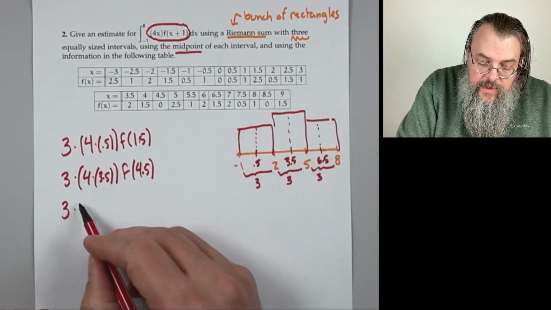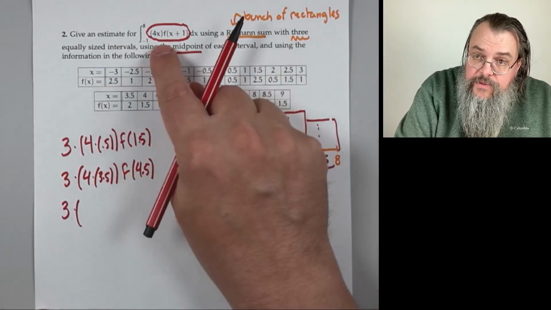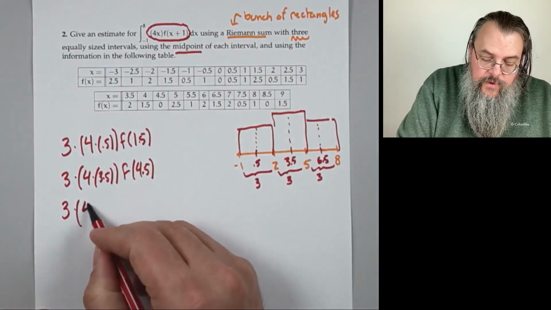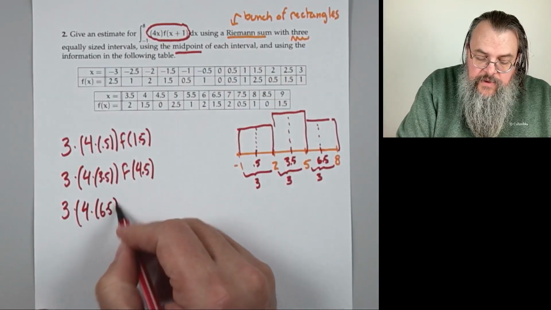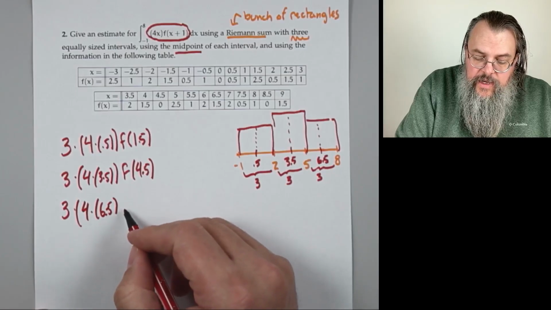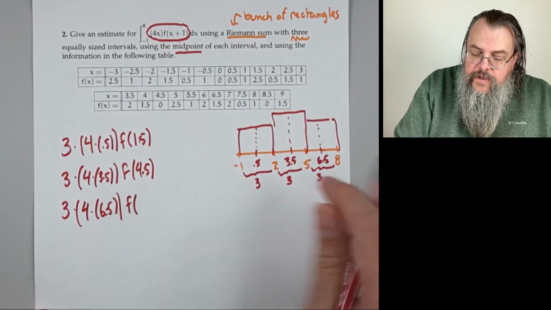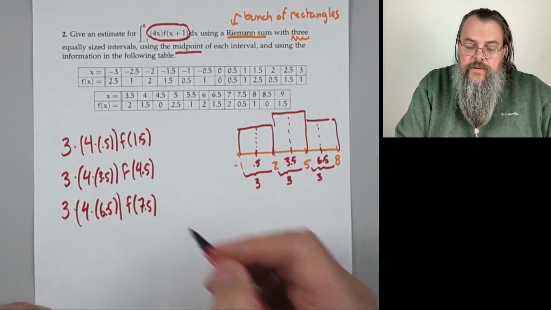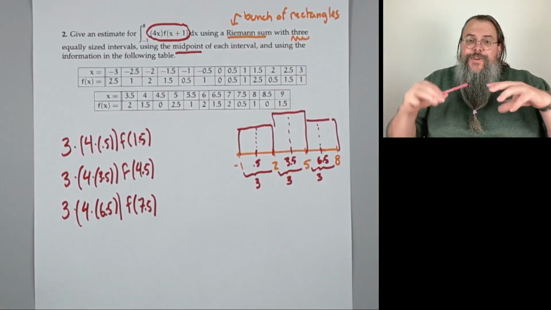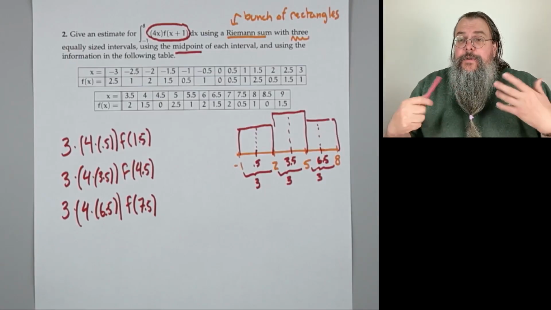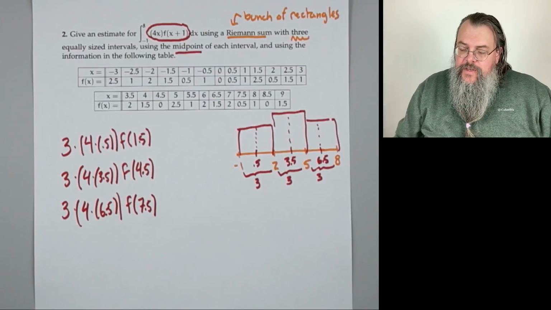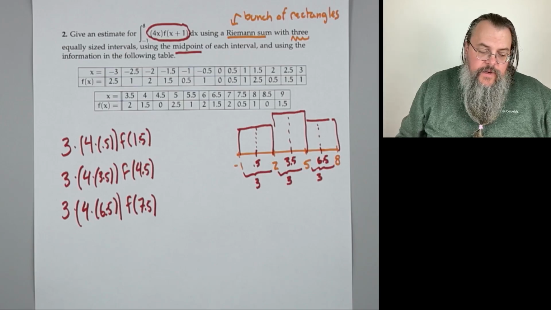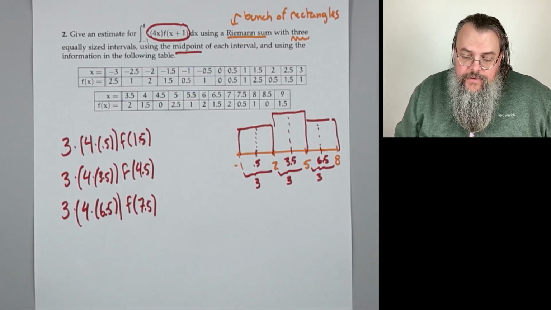Our height, we plug in 6.5, so we have 4 times 6.5, and times f of 6.5 plus 1, 7.5. All right, so those are our 3 areas. That's our Riemann sum. So we just have to figure out what are these values.